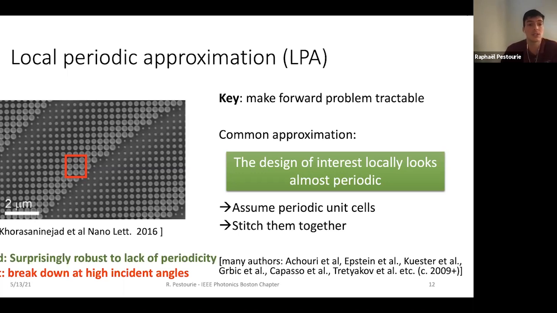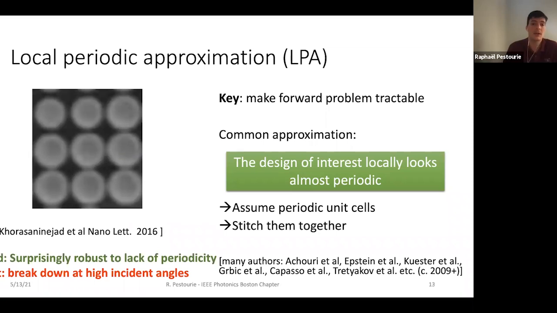You can use this approximation and compare it against full Maxwell's equations and still have a fairly similar result. But the limit is that this approximation really breaks down when you have high incident angles. Then it doesn't work really well.